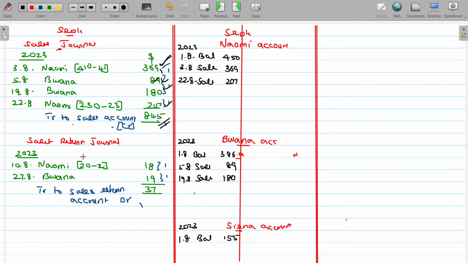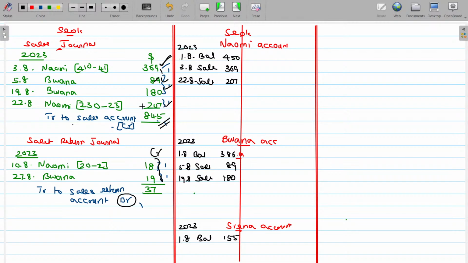In sales return journal, the total goes to the debit side, right? Then internal item should go to the concerned party's credit side.